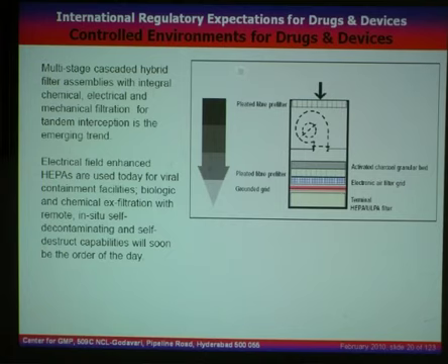This is an example of a HEPA filter which has the electronic air filter grid upstream, and upstream of that is a bed of activated charcoal granules. The air comes through a pre-filter, goes through a blower, and then goes through these banks, first activated charcoal and then the electric field, and then the terminal HEPA or ULPA filter.